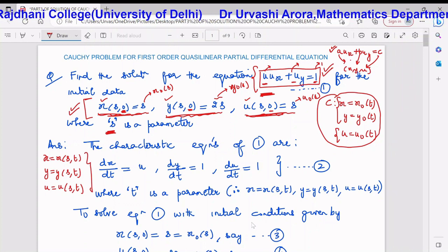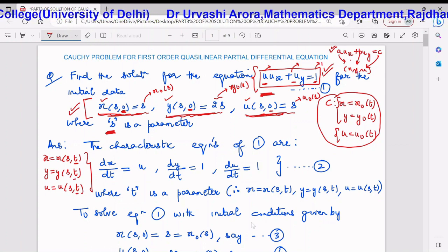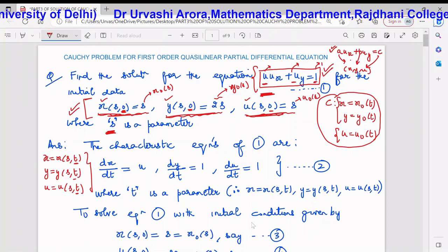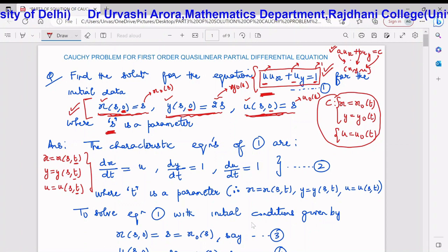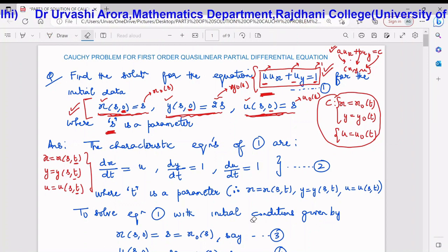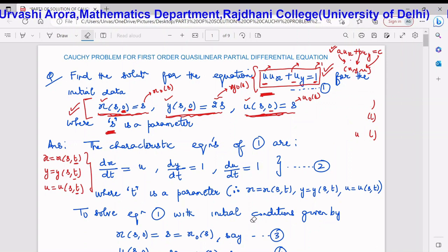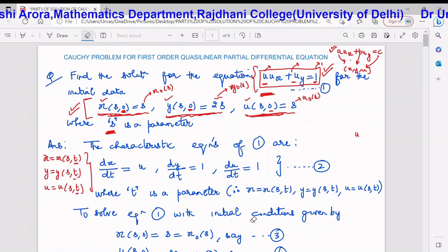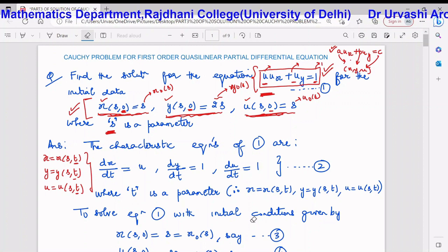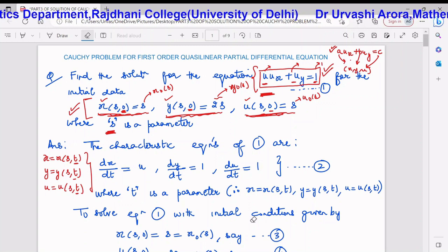In this case, the second parameter t comes from the characteristic equations that occur in Lagrange's method in parametric form. Because this is a first order quasi-linear partial differential equation, of course we are going to use Lagrange's method for solving it. Till now, the characteristic equations that occur in Lagrange's method, we have been using in Cartesian form.